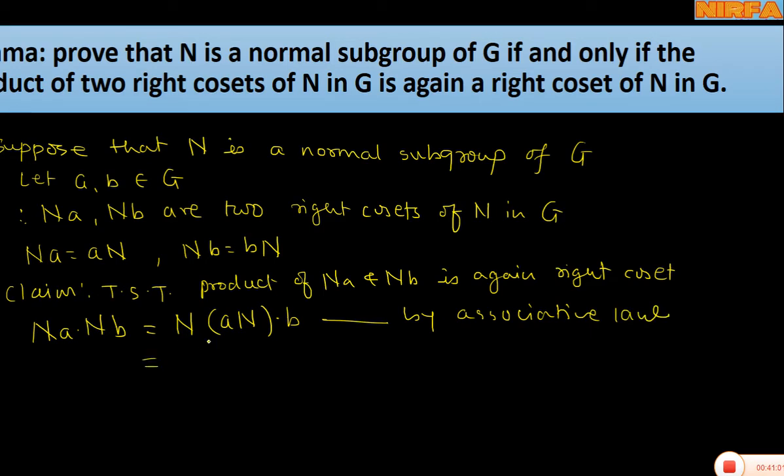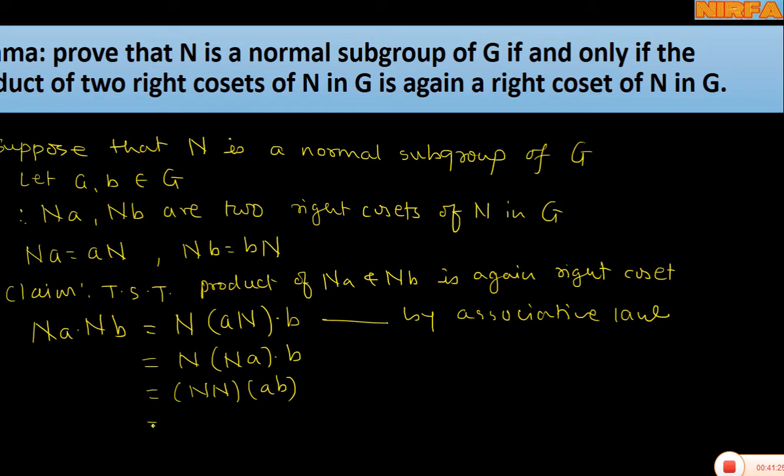Now continuing this step, inside the bracket I am observing A into N, and we know that A into N is equal to NA. Therefore, you can write this as NA into B. Now again, using the associative law, we can write this as N into N in one bracket and A into B in another bracket.